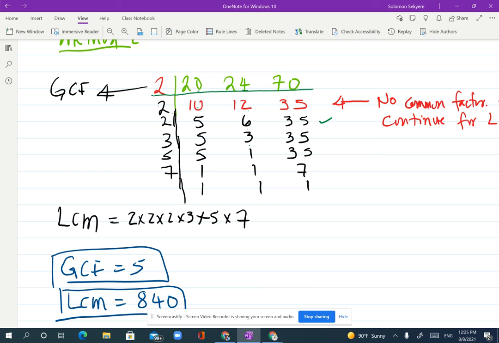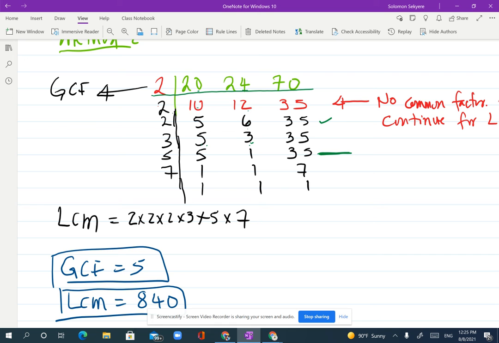Okay, then what? I find a number that divides either 5, 3, or 35. Let's say 3 doesn't divide here, but it divides 3. So I put 1 there. So 5, 1, 35. Now I come to this line here. Then I start dividing by 5. 5 divides here, 1, 1, 7.